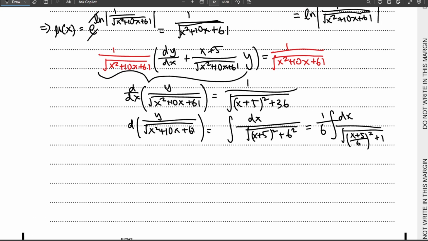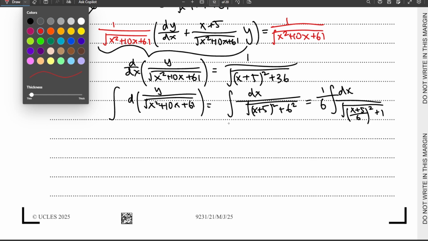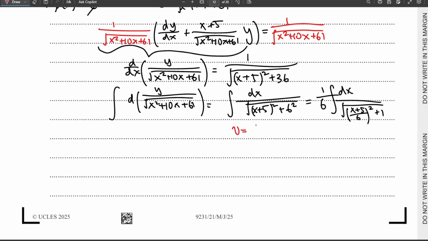Okay, and then here I can do another substitution for my integration. Let's say we let v be x plus 5 over 6. So dv is 1 over 6 dx. So 1 over 6 dx, you can see here, you can replace that with dv straight away.